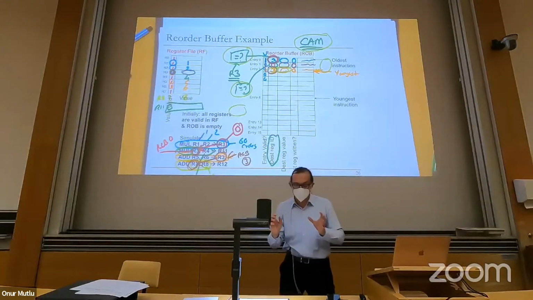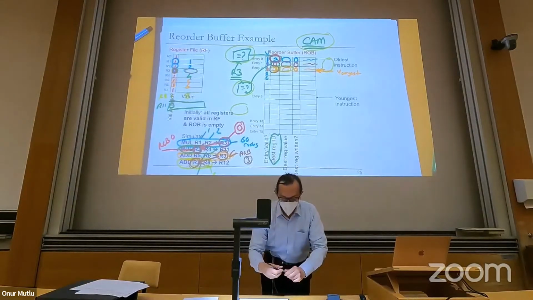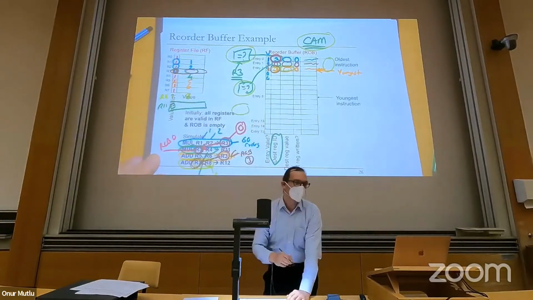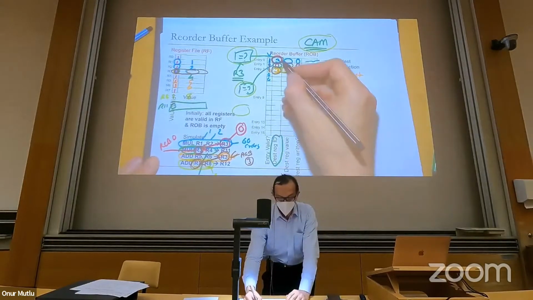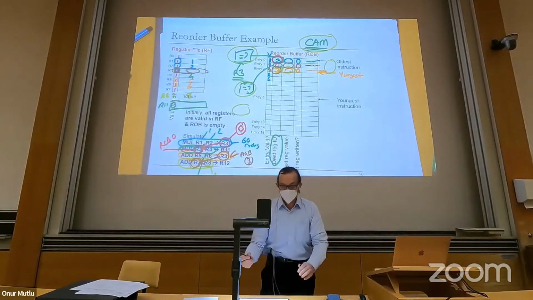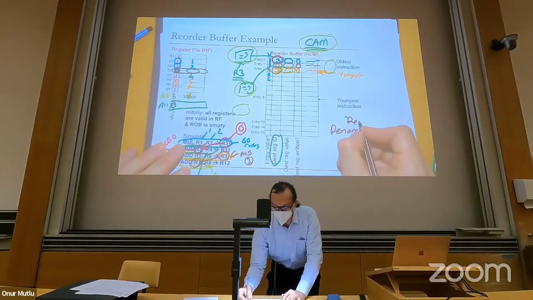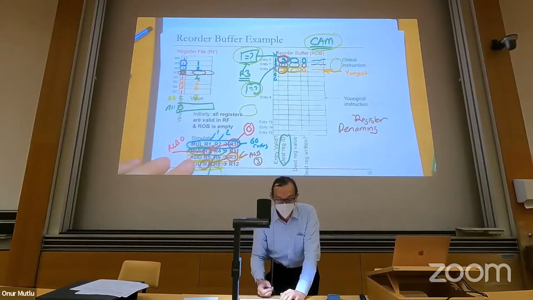Basically, we've kind of renamed R3. Now R3 is not here, right? This is our architecture register file. We said the architecture register file doesn't have R3. It's invalid. R3 may be anywhere here. And actually, there could be many places. This is the notion of renaming, register renaming. And this is going to be very fundamental when we discuss out-of-order execution in the next week.